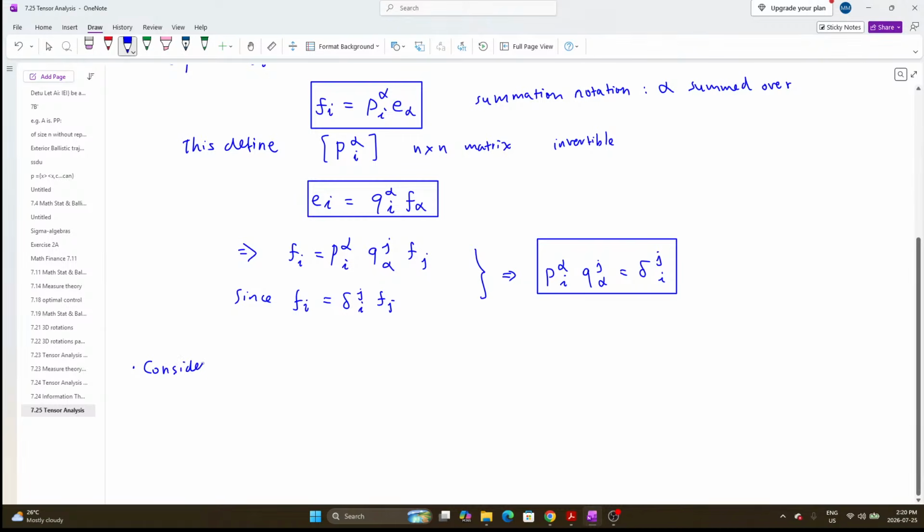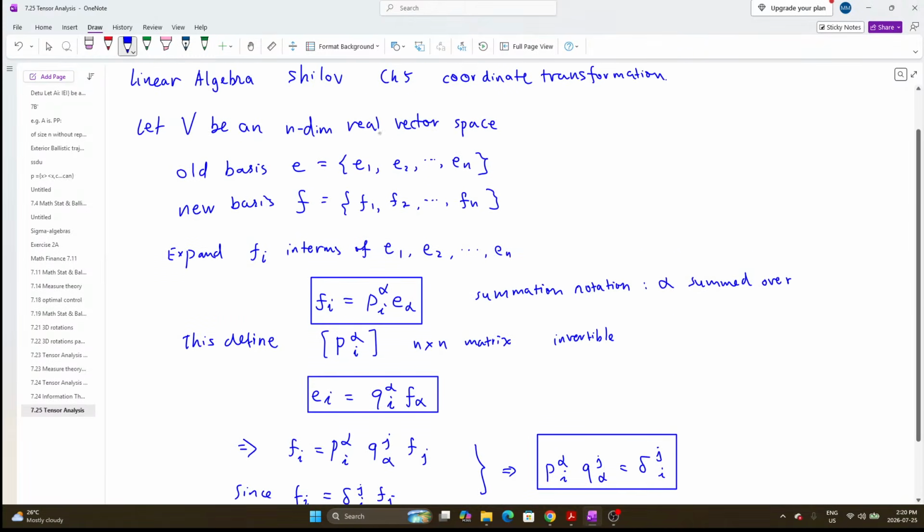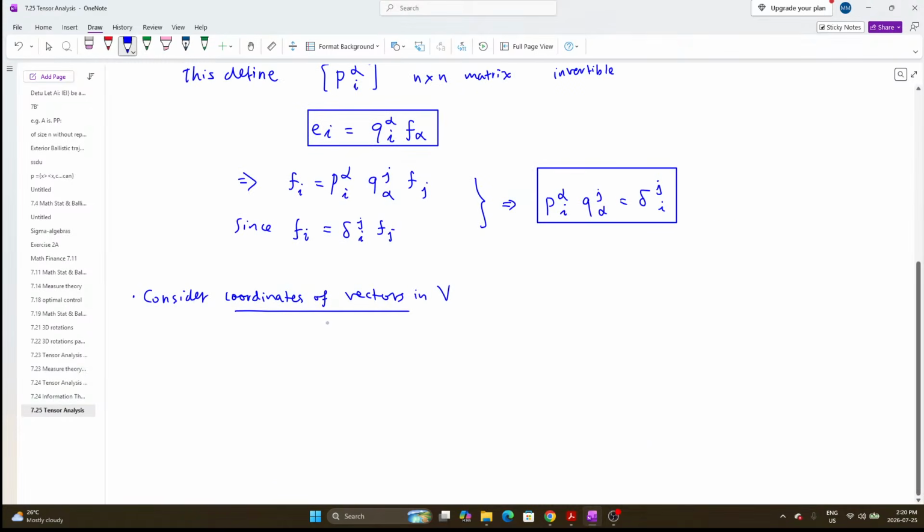Now let's consider coordinates of vectors in big V. What do we mean by that? Of course, it's just a basis expansion. We already did that for the basis vectors. We can do that for any vector.